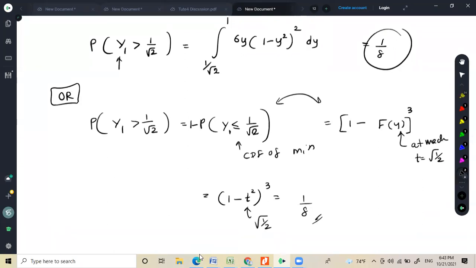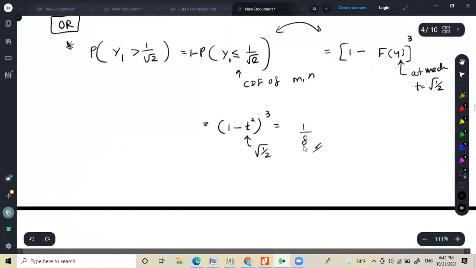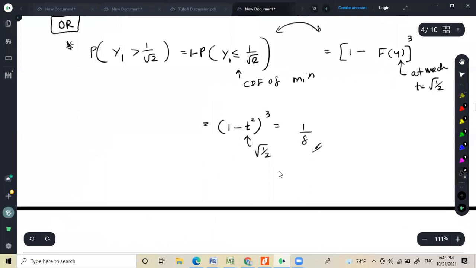Okay, I will get the same answer. Try both of them. To do this one, you need the CDF of the minimum. You know the equation, you can find it easily, and substitute the median. You found the median 1/√2. Substitute it in the CDF, and then you can get the probability. Okay.